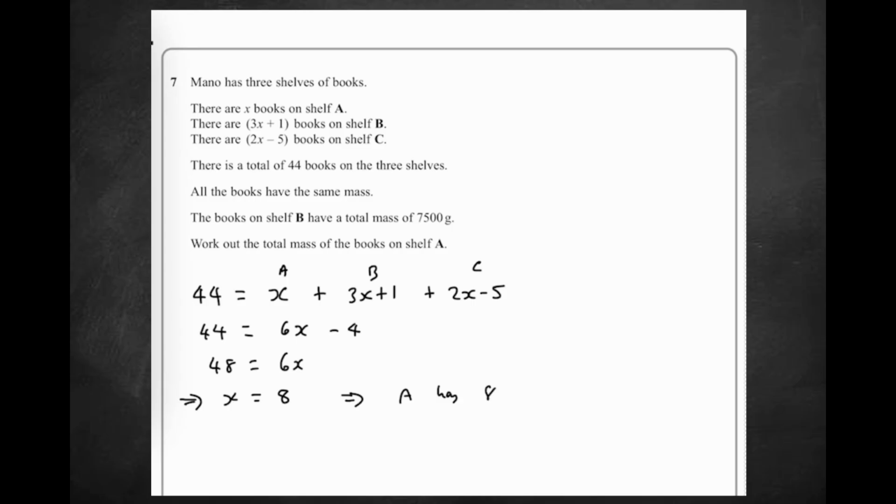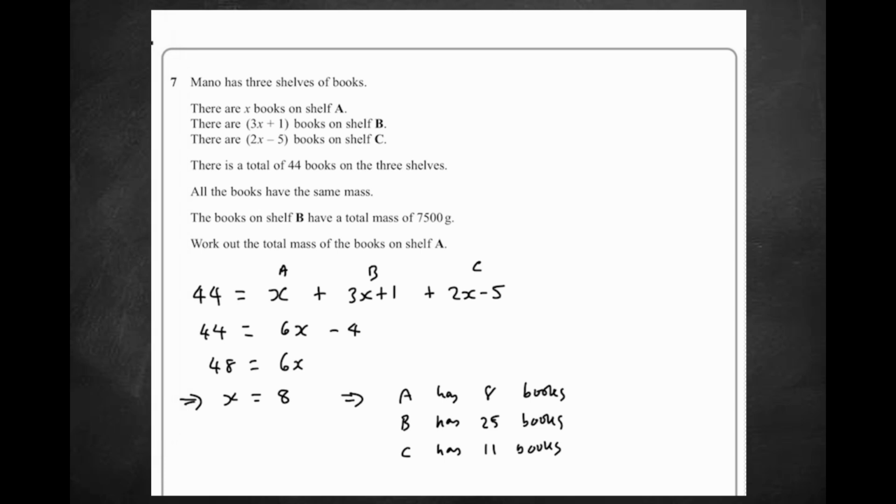A has 8 books. We know B is 3X plus 1, so we know B has 25 books. And therefore, 2X minus 5, C has 11 books.